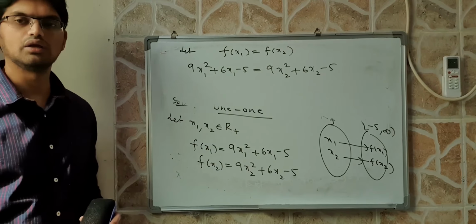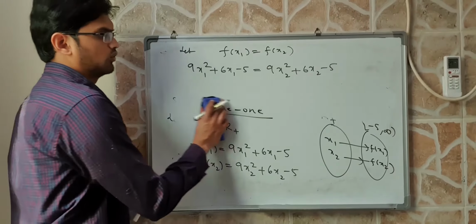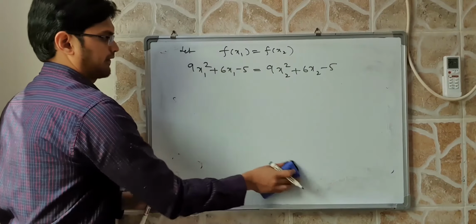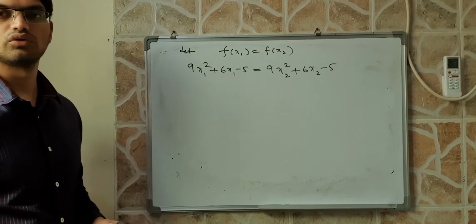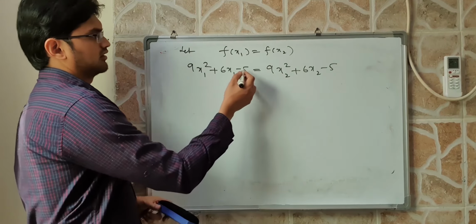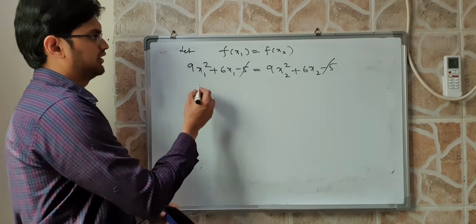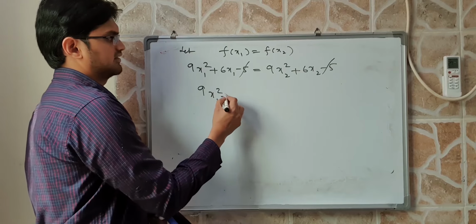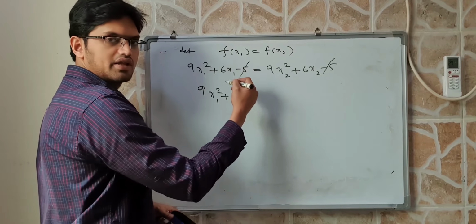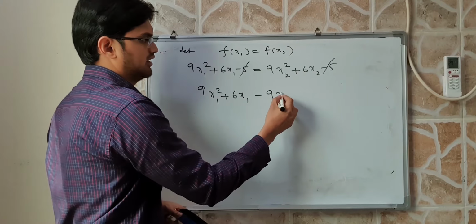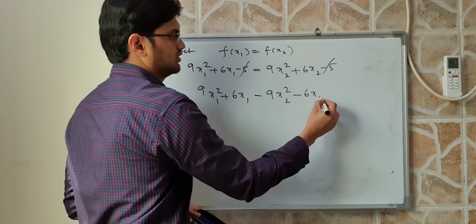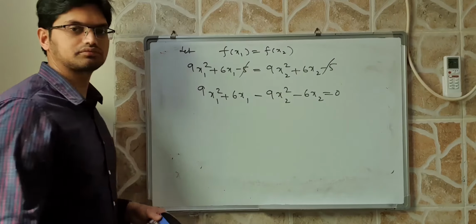These two are equal. Now let us see how we start to solve this. See, minus 5 plus 5 we can cancel. And then I can bring this to the left side: 9x1 square plus 6x1 minus 9x2 square minus 6x2 equal to 0.